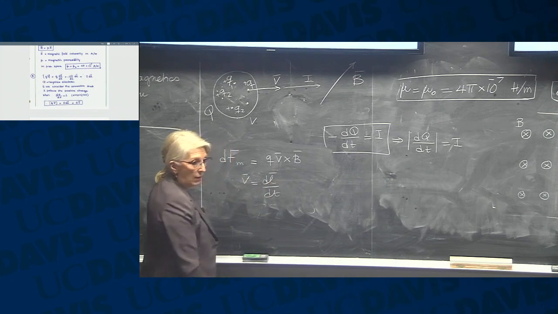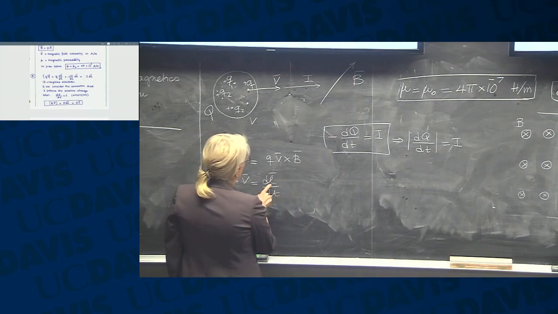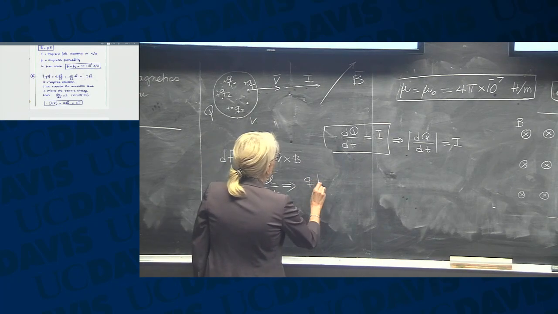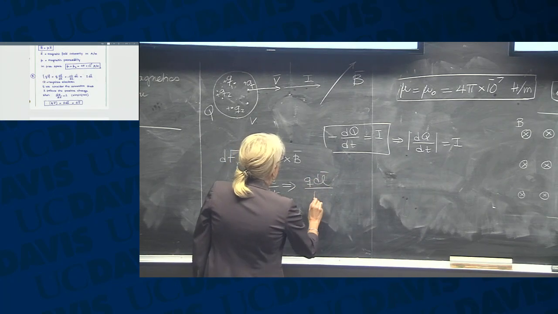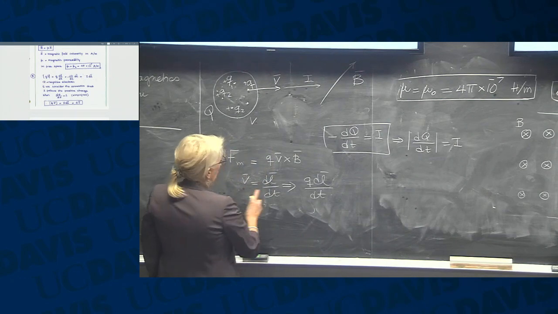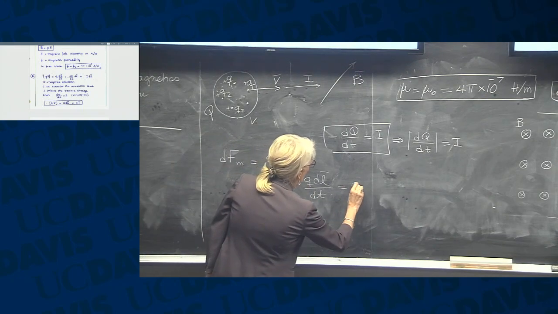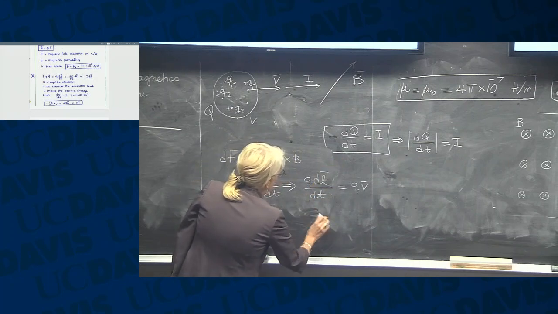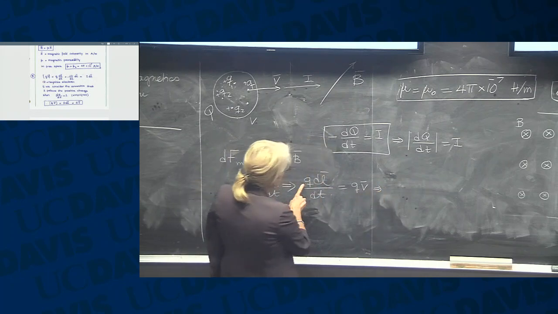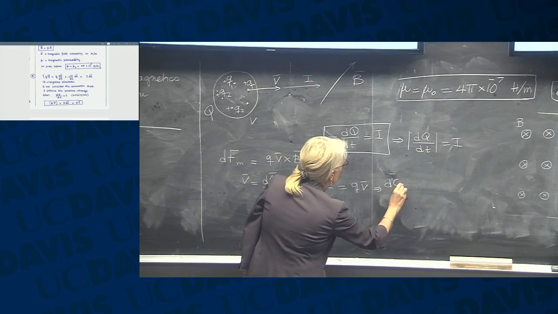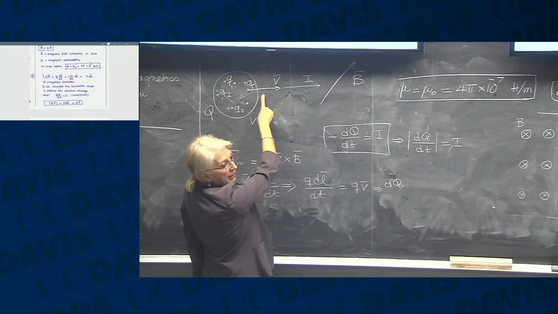All right? This is velocity, and this is length, which means that q dl dt here is exactly qv. And because this is a very small change of the volume, I can rewrite this as dq, because the volume changed by this.